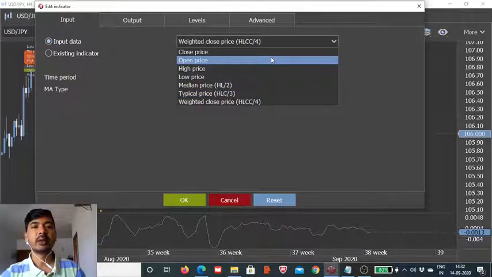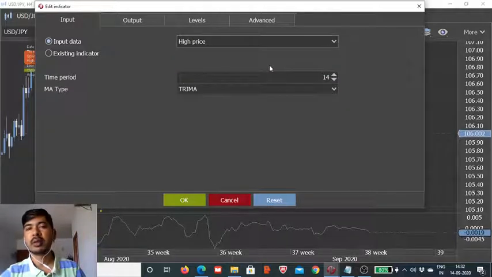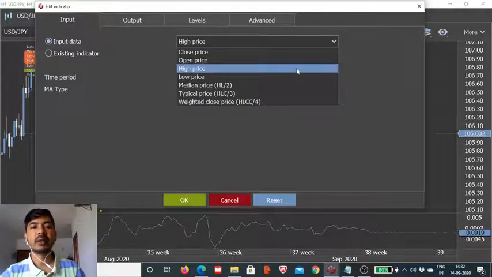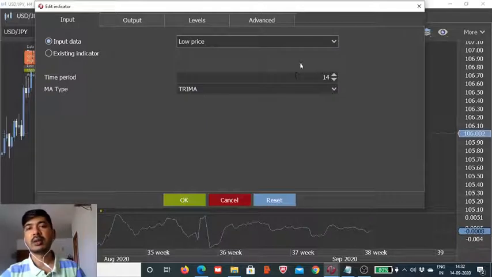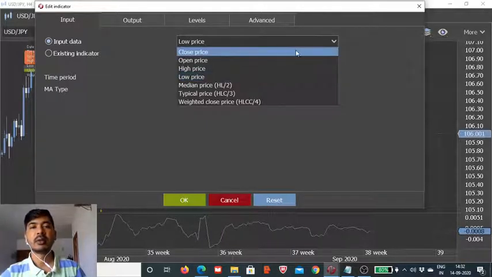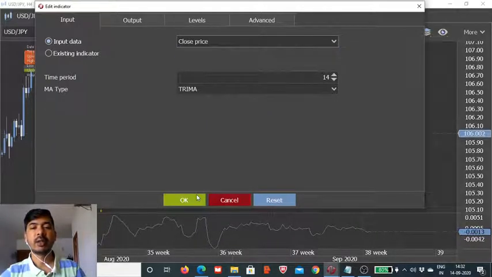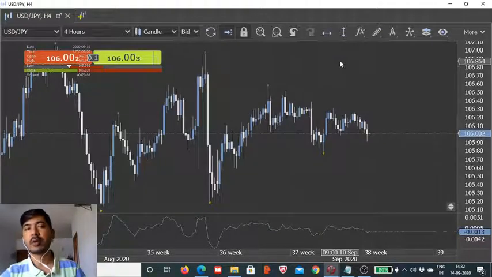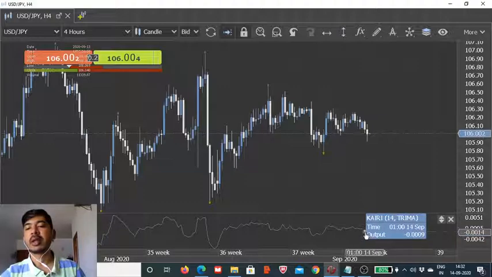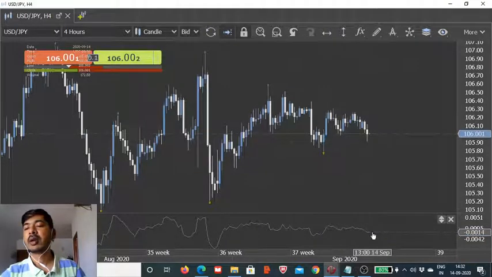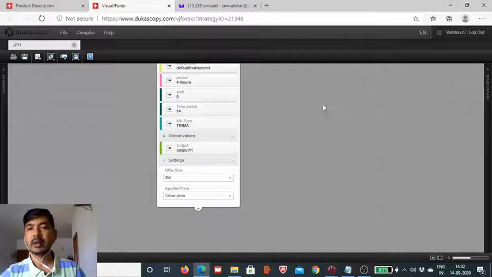If I use high price, we have a slight difference, low price. So here now we stick with the closing price of that particular candlestick. The last 14 candlesticks are being taken into consideration while calculating this KAIRI relative index.